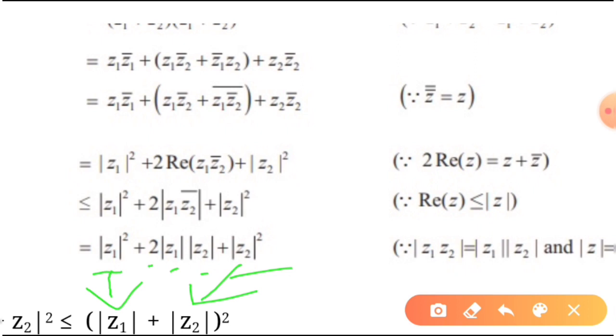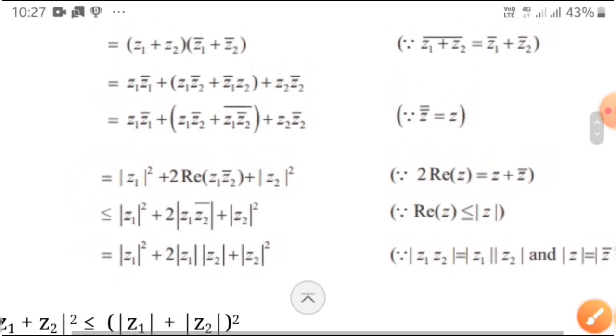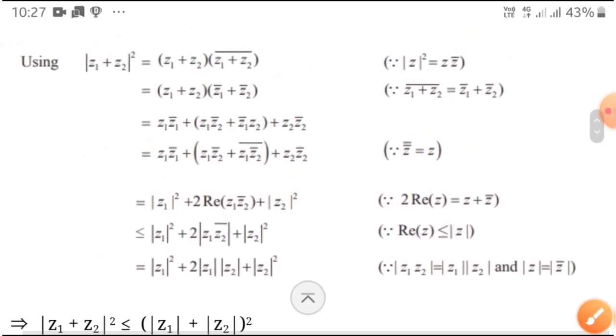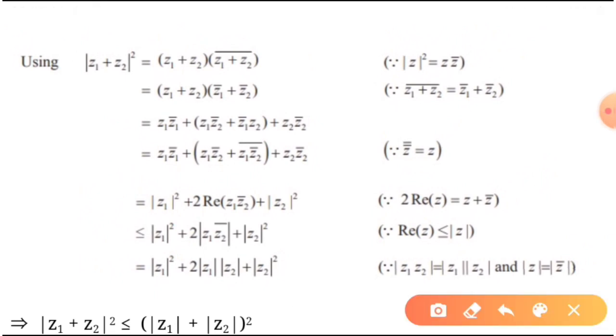In the previous step, we are taking |Z1 + Z2|² is less than or equal to (|Z1| + |Z2|)².